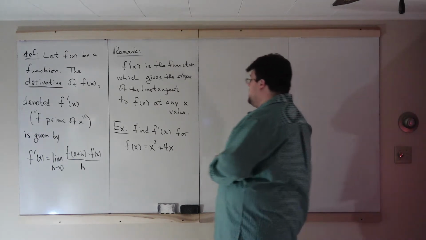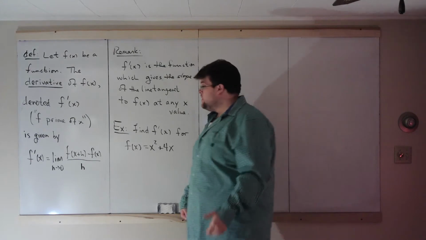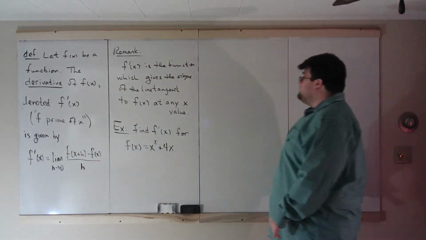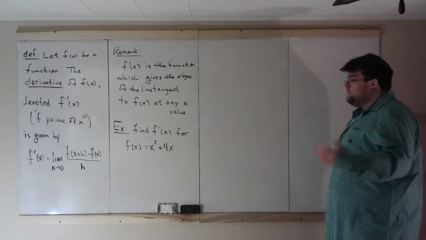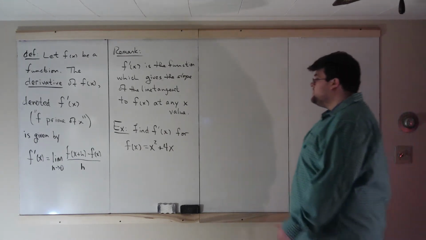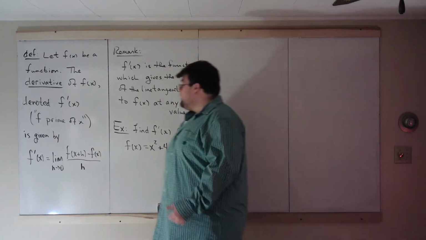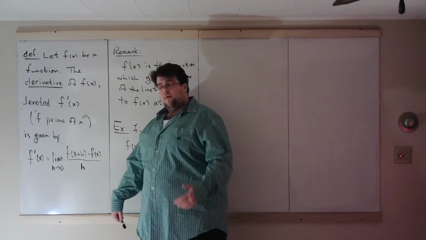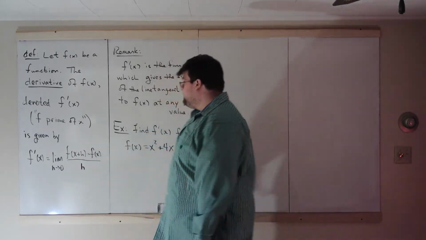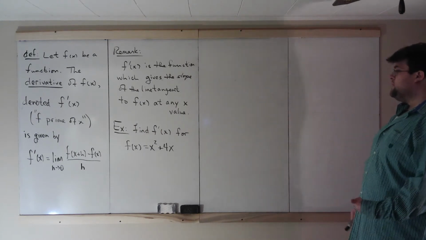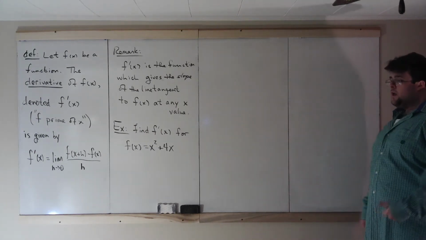And when it says you have to use the definition, you have to use the definition, unless you don't want credit for it. Next week, we're going to see other ways we can do the computation, but the definition is very important because it ties this concept of the derivative, which we'll talk about for many weeks, into limits. And this function gives the slope of the line tangent to a given curve at any x value.